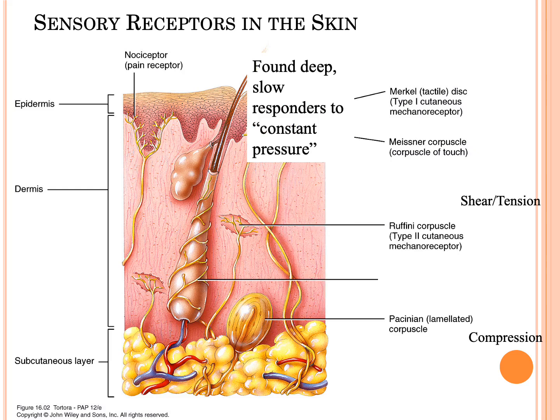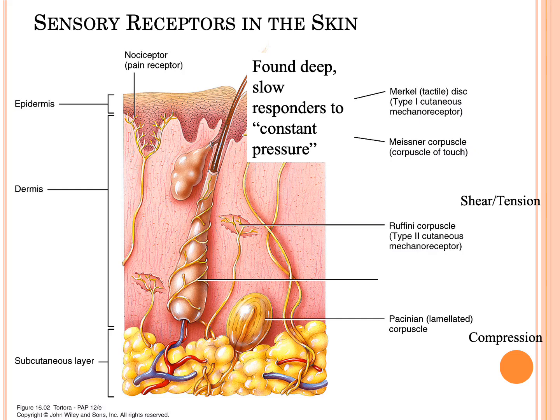The next set of receptors are going to respond to two distinct types of responses. One is going to respond to a shearing tension, that is tension across the skin, and the other is going to be a compression tension, that is the force coming down onto the receptor itself. These are laminated tissues, meaning that they're encapsulated within rings of tissue.